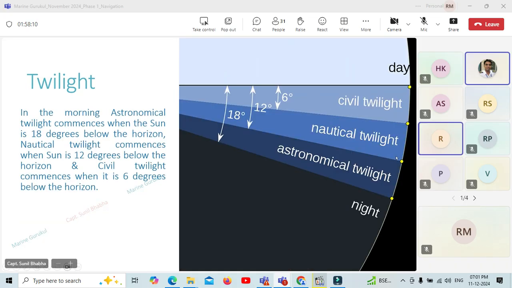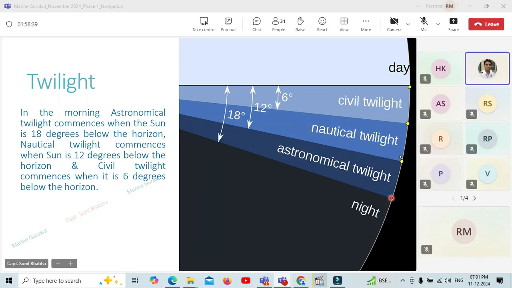Now we have zoomed into the right side portion of the diagram depicting the sunrise. Now you see the sun is at this instant at a particular time. As the sun approaches our horizon, right now it is night, it is totally dark, we are not receiving any light from the sun.